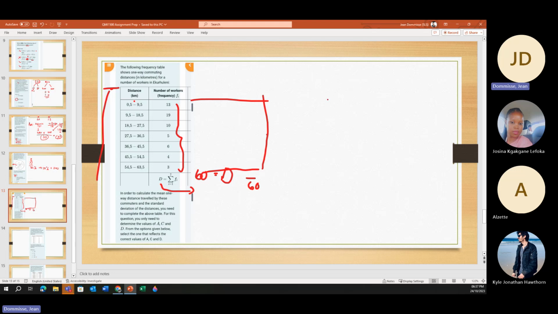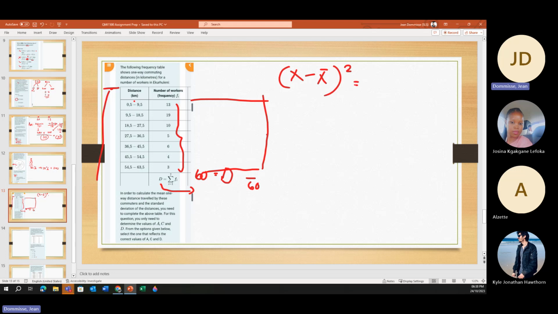And then your standard deviation will be, to check quickly, the standard deviation will just be your x minus the mean to the power of 2. So it will be the distance.